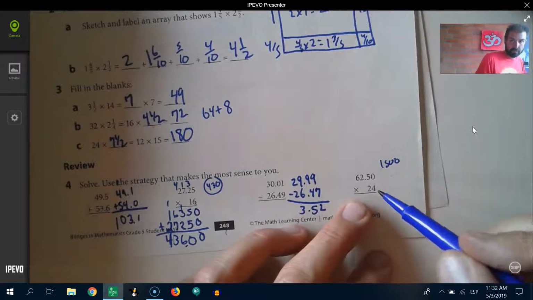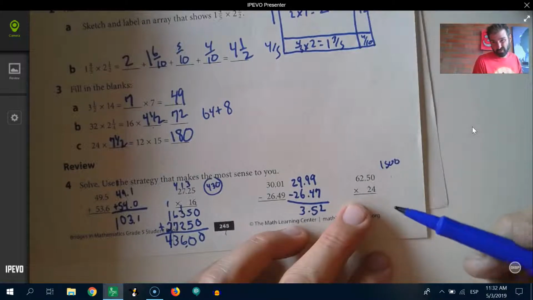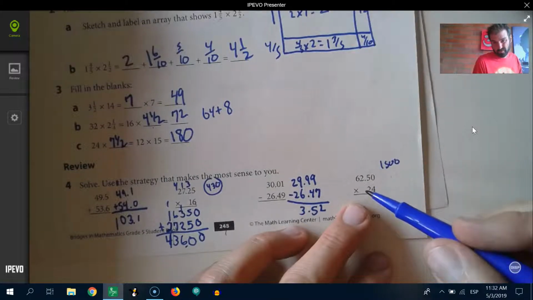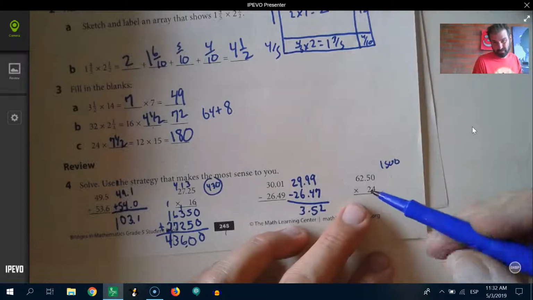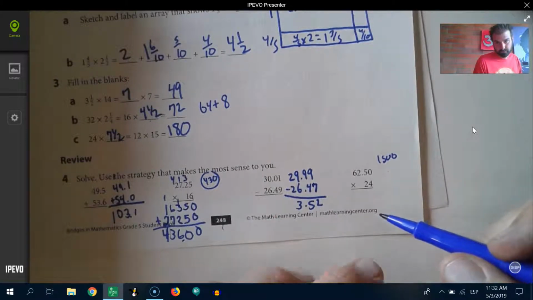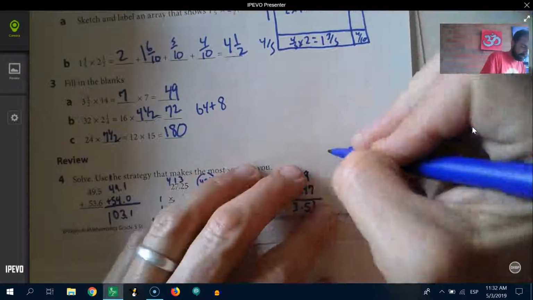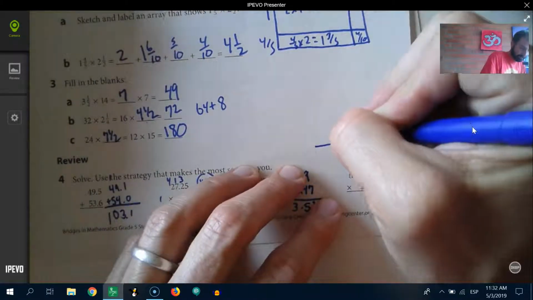Is 24 anything special? 25 is a quarter, right? But 24, I don't know. You know what I like doing? I'm going to do it up here. It says I can do whatever I want.